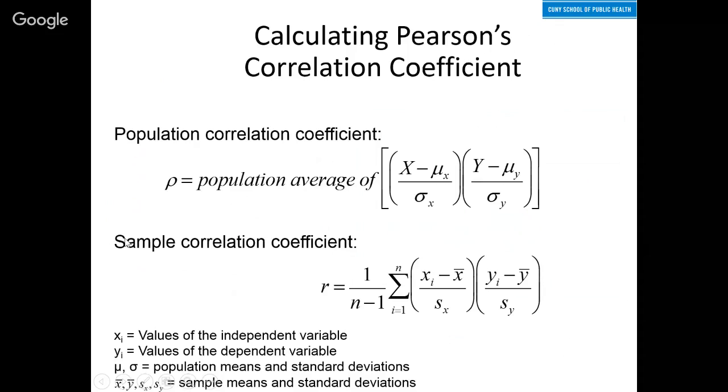And the sample correlation coefficient is almost the same, but as with our calculations of the standard deviation, it's divided by n-1. So that's because the mean is xi minus x bar over n-1.